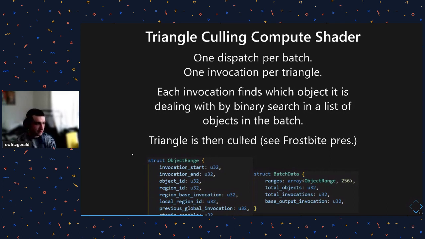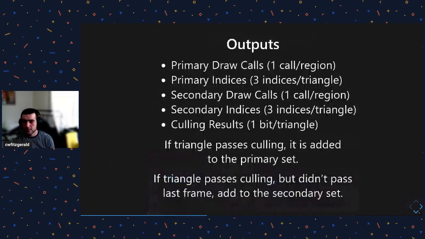Once we've done this, this triangle is then culled. This culling shader has a lot of outputs. First, we have these two categories: the primary and the secondary. The primary is basically the proper results of the culling. Every single triangle that passes culling will be in this primary set.